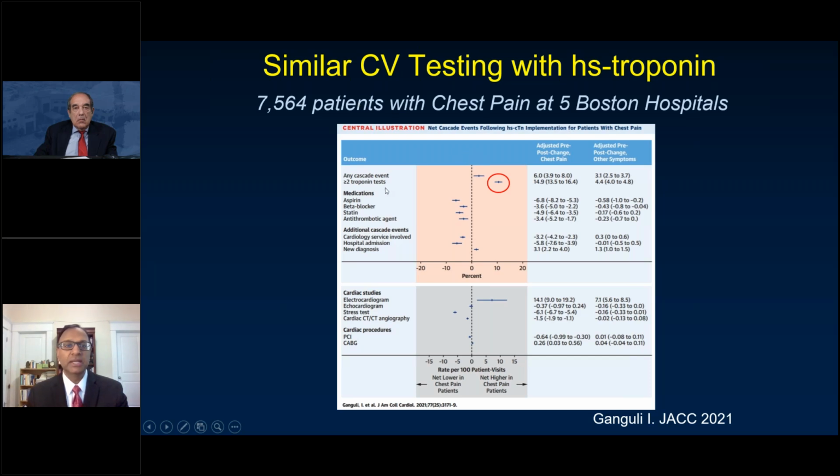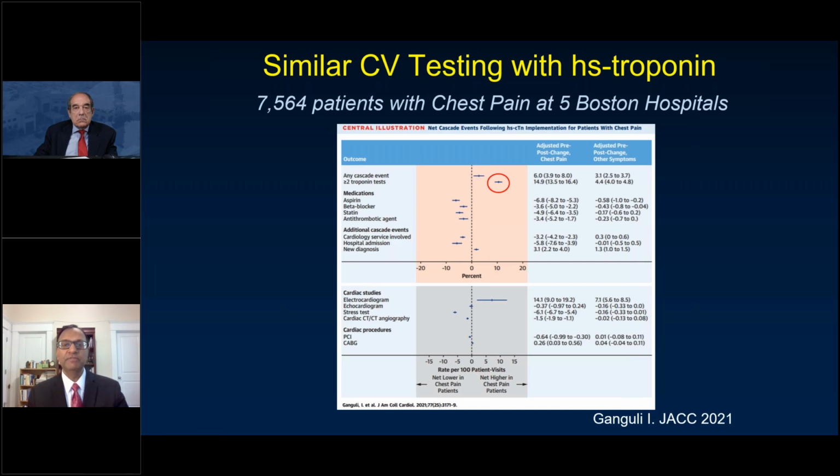And this is changes after implementing HS troponin for patients presenting with acute chest pain. And I'll highlight a couple of things. First of all, anything that is to the right of these hash bars indicates that that resource is being used more often than prior to HS troponin implementation.